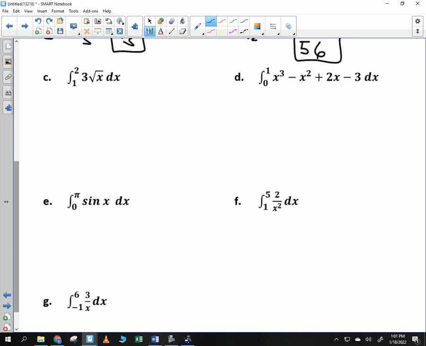I need to write it so that there's an exponent: 3x to the 1/2. So the antiderivative would be 3x to the 3/2 divided by 3/2. Dividing by 3/2 is the same as multiplying by 2/3. And when you multiply by 2/3, the 3's cancel, and you get 2x to the 3/2.